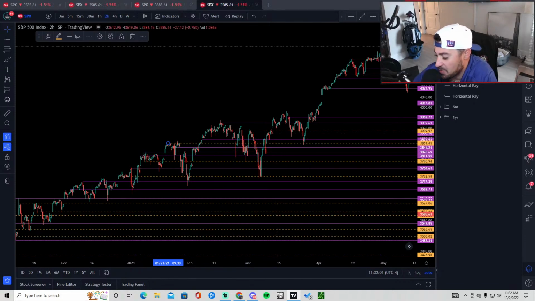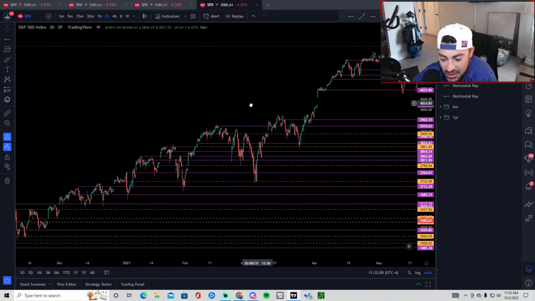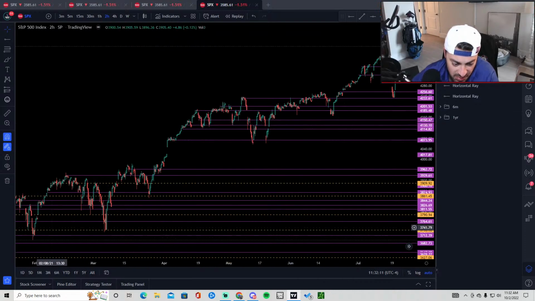And again, like I was talking about before, anytime I see big wicks, I like that. That's a big level to me. All right, we're gonna put a little gap action here.